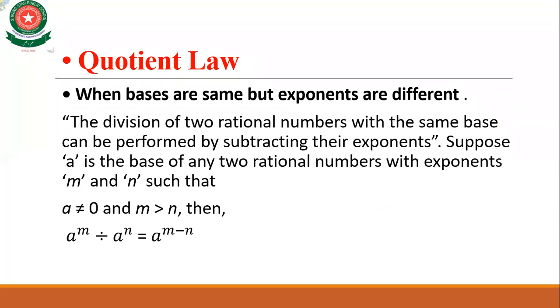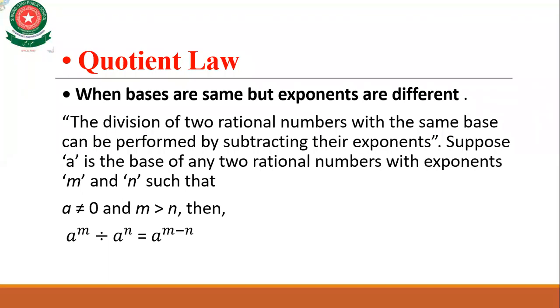Suppose A is the base of any two rational numbers with exponents m and n such that A not equal to 0 and m greater than n, then A power m divided by A power n is equal to A power m minus n. I repeat, the division of two rational numbers with the same base can be performed by subtracting their exponents.